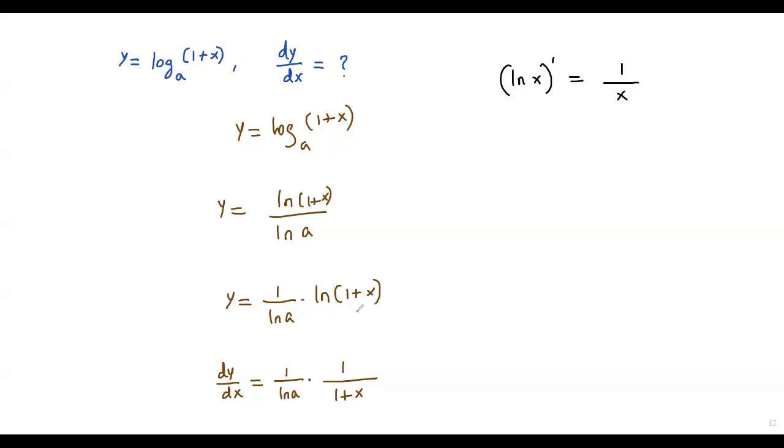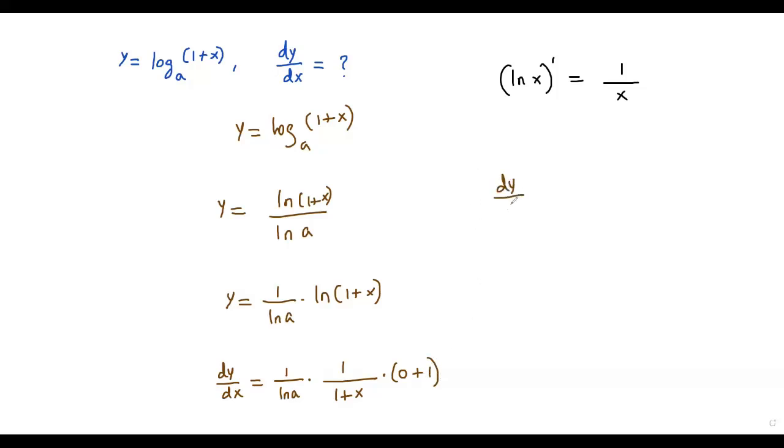By the chain rule, I have to do a further derivative for this argument. When I find the derivative of this 1 plus x, first let's find the derivative of this constant 1 with respect to x. Actually, 1 is a constant. Whenever I find the derivative of a constant with respect to any variable, it will become 0. And what is the derivative of x with respect to x? It's just 1. Whenever I find the derivative of a variable with respect to itself, it will become just 1.